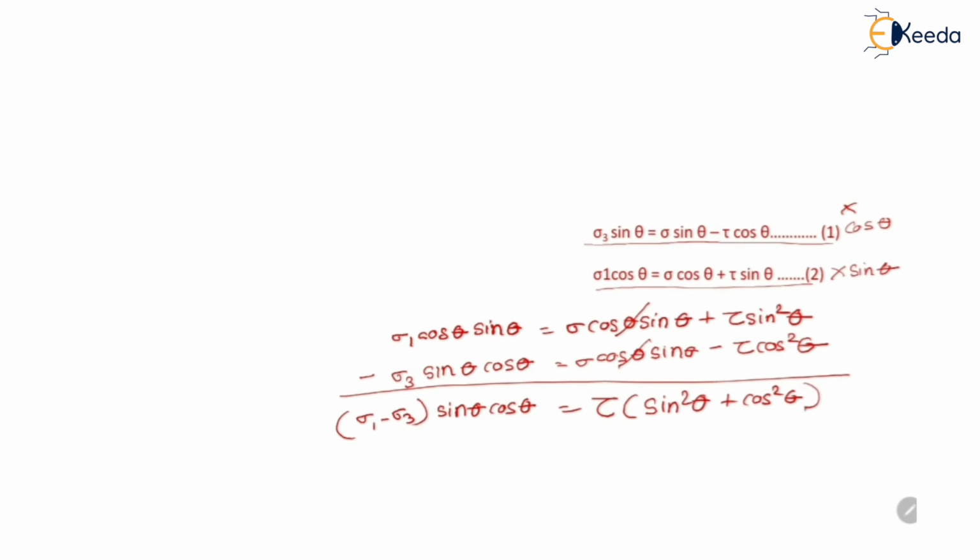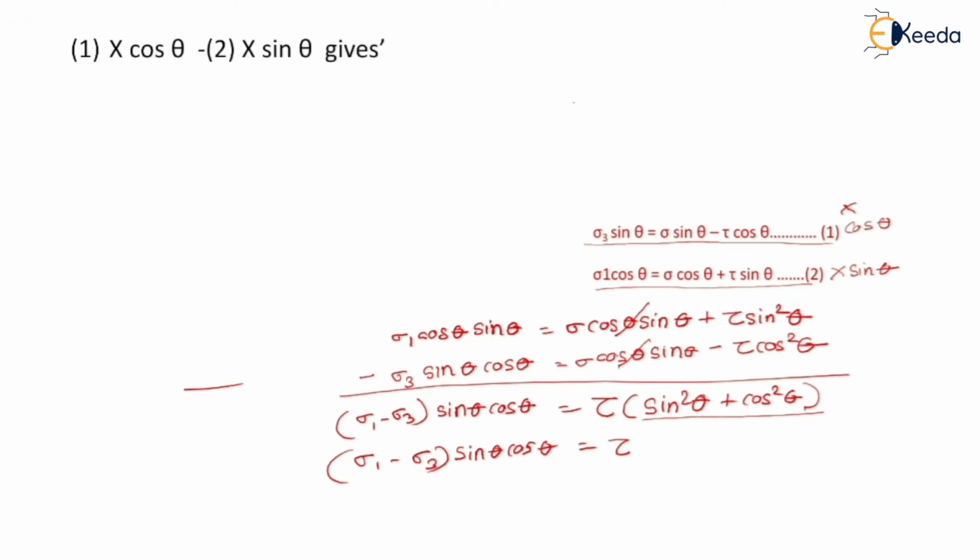So sin square theta plus cos square theta is 1. So sigma 1 minus sigma 3 into sin theta cos theta will be equal to tau. So the equation 1 into cos theta minus equation 2 into sin theta gives sigma 1 minus sigma 3 sin theta cos theta equal to tau.